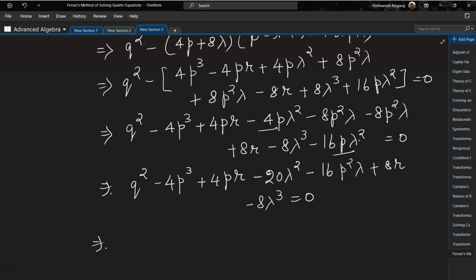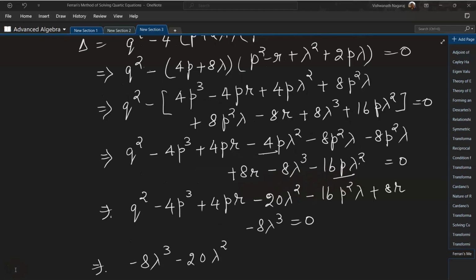based on lambda. So we have minus 8 lambda cube. Then we require square, so 20 lambda square. Then we need lambda. Do we have any other lambda square? No. What about lambda? Okay, here I made a mistake. When multiplying 8 lambda into minus r, I forgot to write lambda.